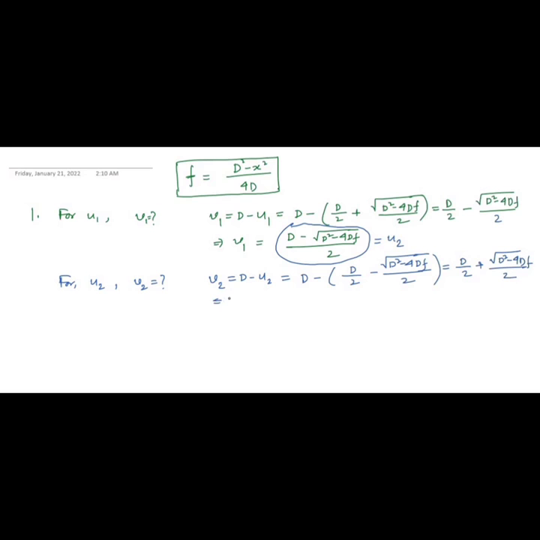What is this? This is the value of u1. Okay, so for u1, if the object distance is u1, then the image distance is u2, and if the object distance is u2, then the image distance is u1. So here we can conclude that the positions are interchangeable.